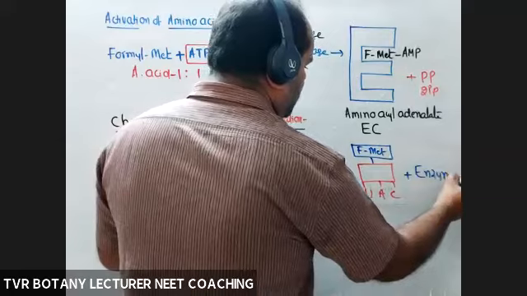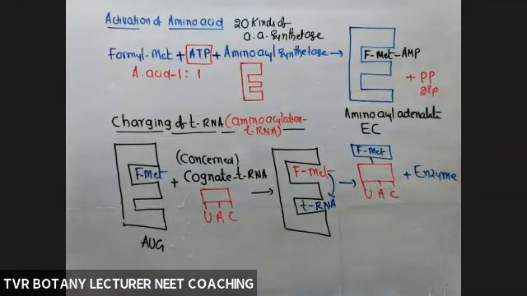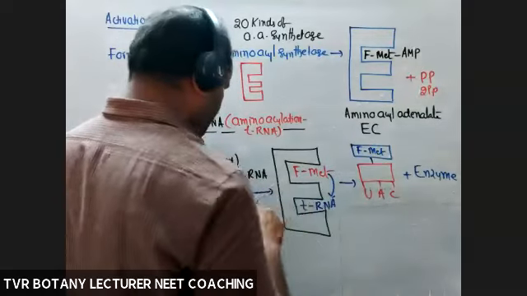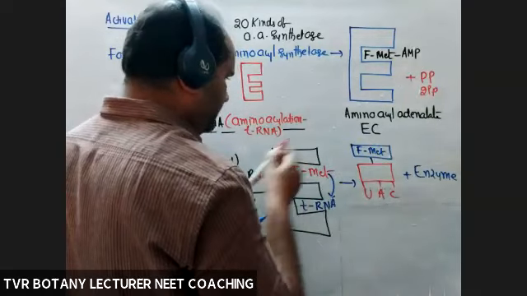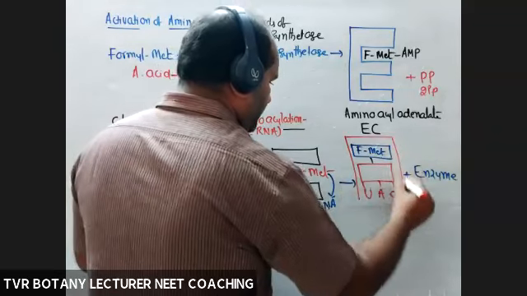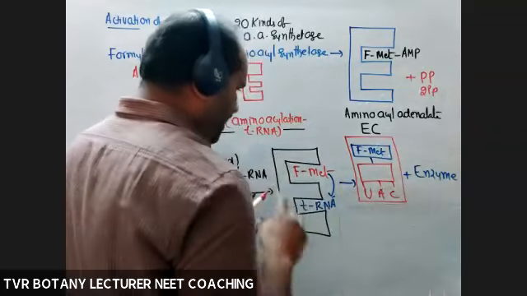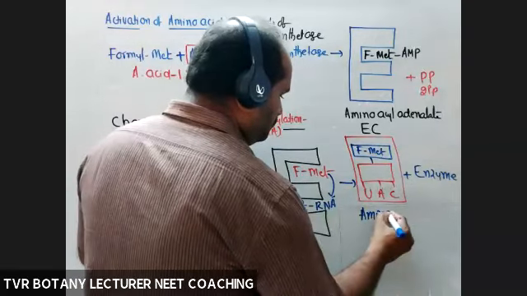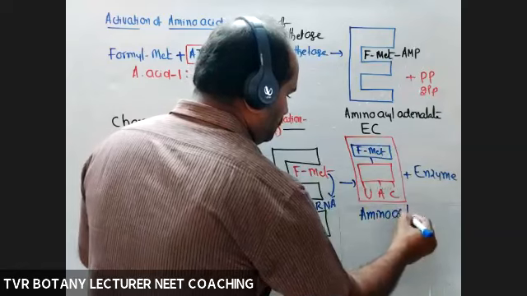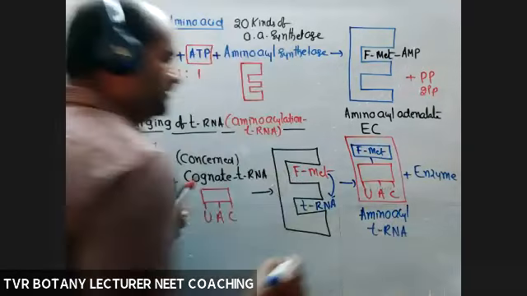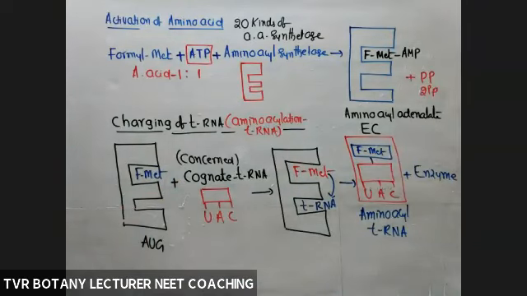Enzyme is released to run the reaction again and again. So now this is called amino acid tRNA, a tRNA with one amino acid.